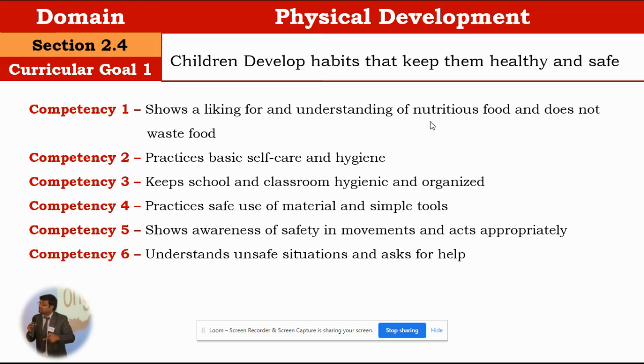So how do we evaluate this? We'll see whether the child follows basic self-care habits, like washing and drying hands before and after going to the toilet or eating, and whether he or she wears clothes and footwear, slowly and gradually, independently by the end of this stage.